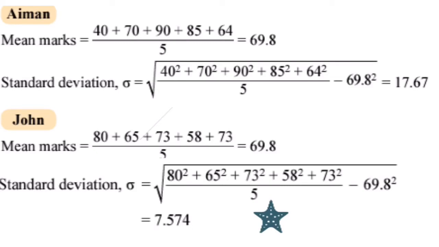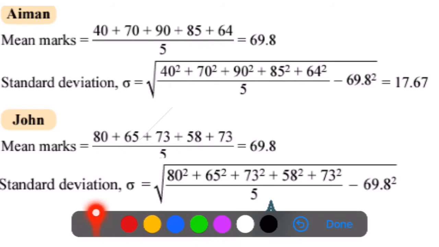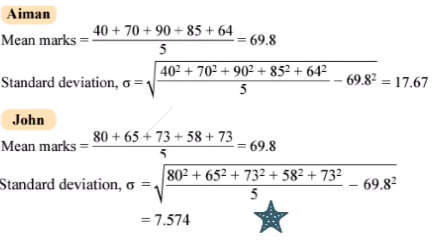Now I explain again the proper steps to answer this question. First, you write Aiman, then find the mean marks: 40 plus 70 plus 90 plus 85 plus 64 divided by 5. So the mean is 69.8.